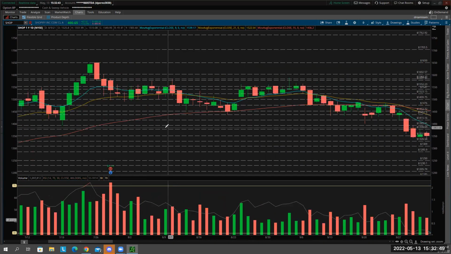Looks to be all from here. Like this level right here, it's a low 1510. Got here 1510. Yep, 1510 is a very valid level.